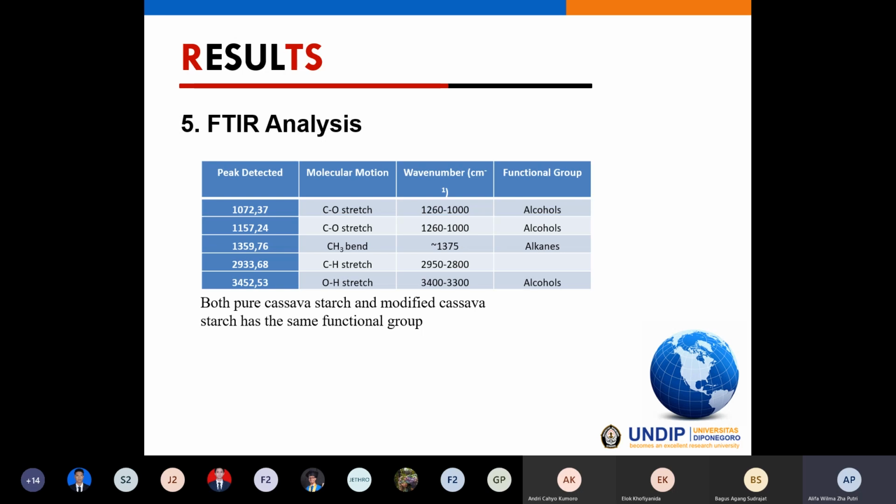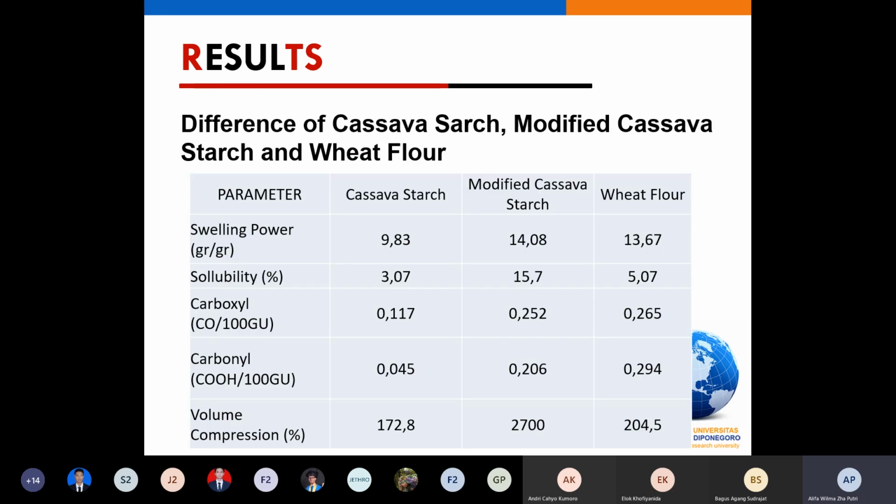So we can conclude the difference between cassava starch, modified cassava starch, and wheat flour based on parameters like swelling power, solubility, carboxyl and carbonyl group, and volume expansion. We can see that the modified cassava starch is much more similar to wheat flour.